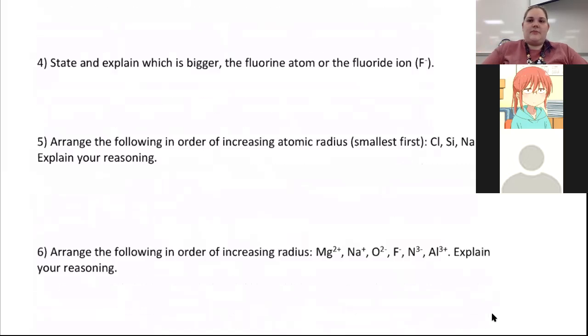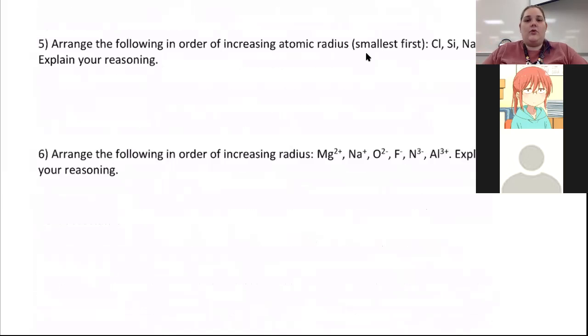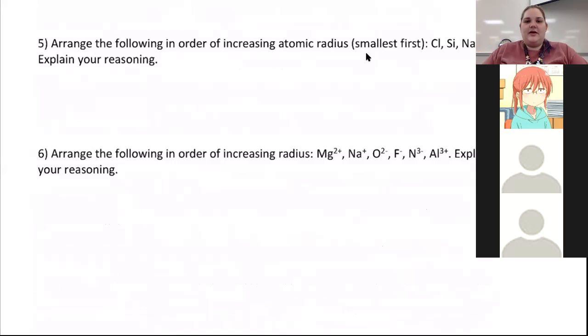And then the last couple of questions have you practicing ordering some in order of increasing atomic radius and then increasing ionic radius. I will tell you on ionic radius, because these can be confusing, what you have to look at is the effective nuclear charge.